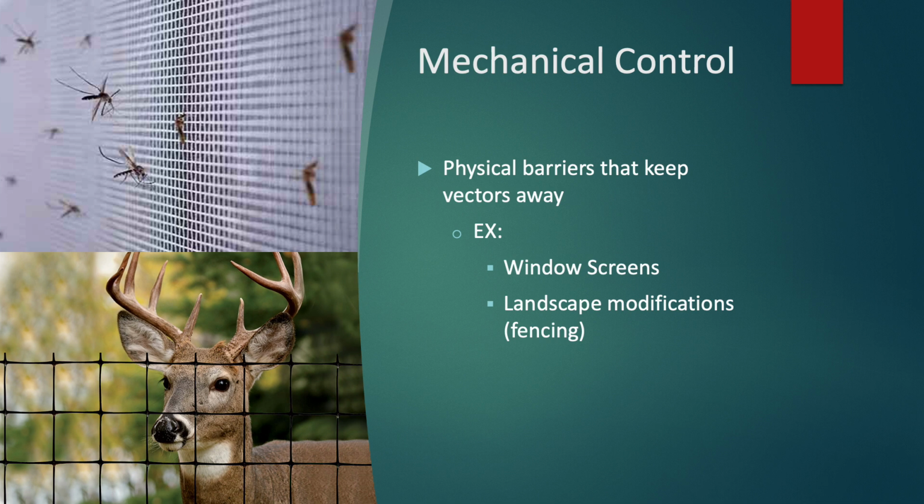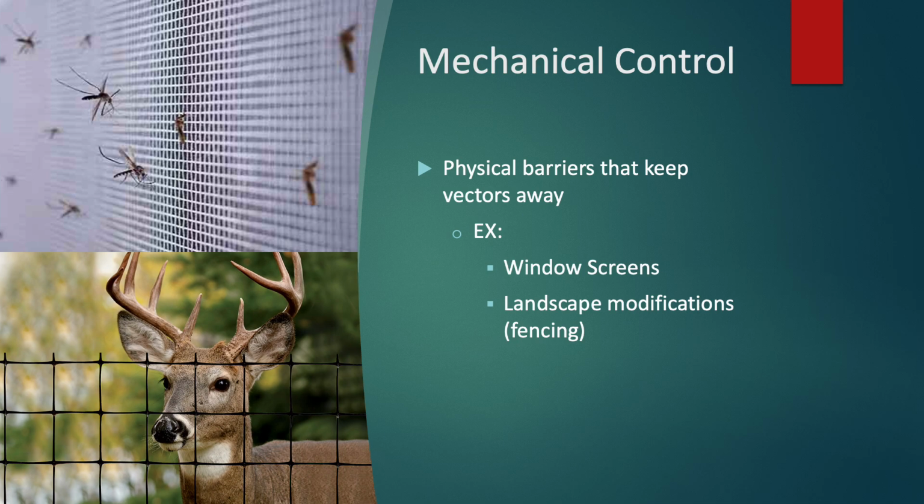And mechanical for ticks can include landscape modifications. These are things such as fencing that reduce the number of hosts that may be carrying ticks in your yard. You can see this little deer that has a fence preventing it from entering. And another one is you could keep your grass short to reduce tick habitat.